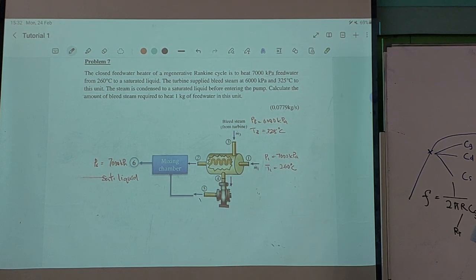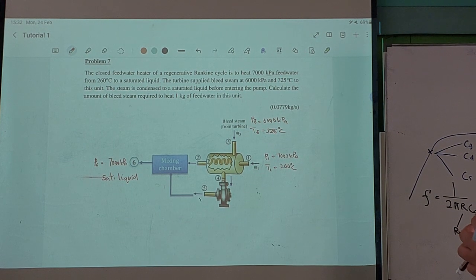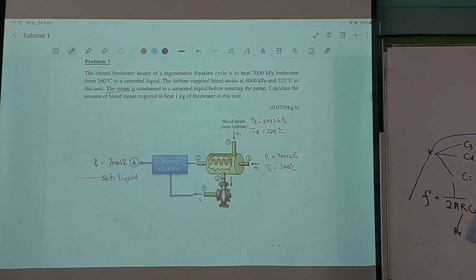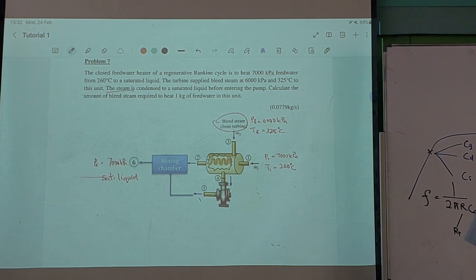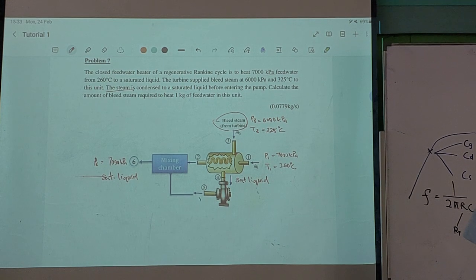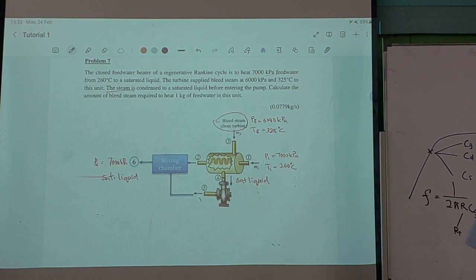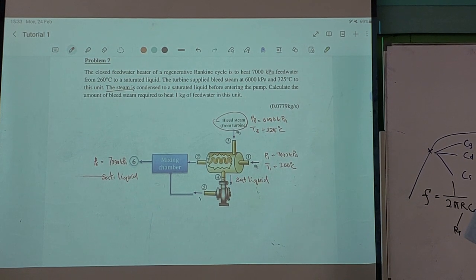Alright. So the steam we are talking about here is condensed to a saturated liquid before entering the pump. So at stage 4, it is a saturated liquid also. So calculate the amount of this steam required. Now we take this one.